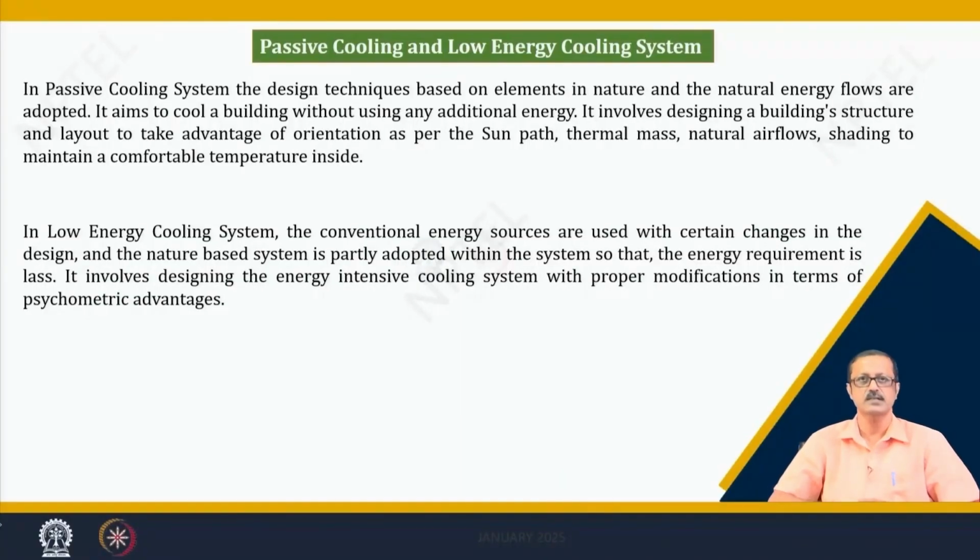In that cycle there are different components, and some of the components we change, manipulate, or modify. Based on that modification, the energy requirement will be less and we will get some benefit out of it. It is based on modification, and in terms of psychrometric advantages, we can discuss that in the next slide.